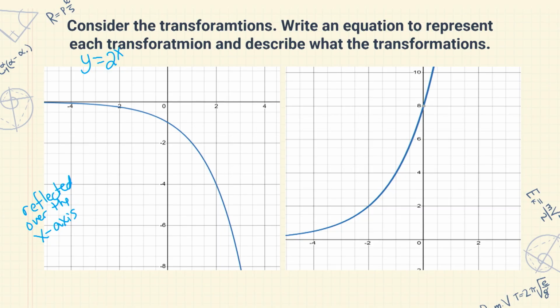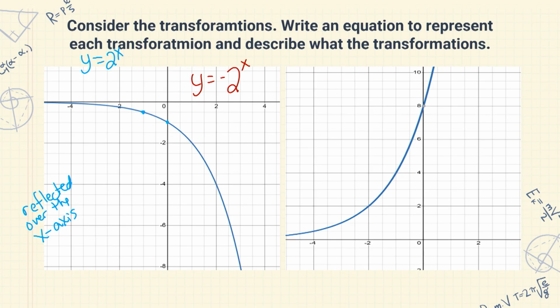So how would I write that new formula? I could look at these different points and come up with the points using my x-intercept and where y equals 1, or I can know that when I reflect over the x-axis, I am going to take my original and put a negative in front of my formula.